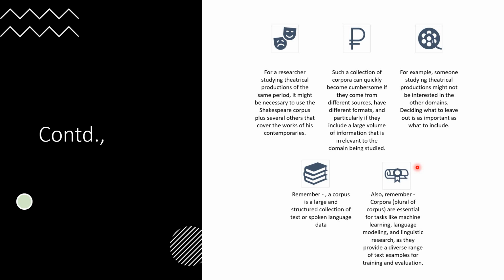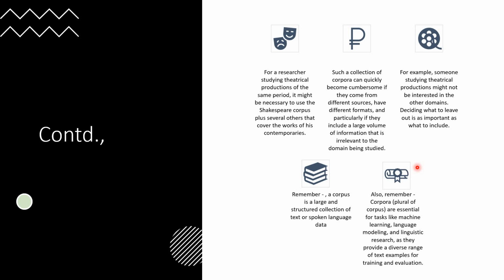So we need to be very conscious of what is to be included and what not to be included. For example, someone researching theatrical productions might not be interested in other domains. Please understand, deciding what to leave is as important as deciding what to keep, what to include. So that's what I told you before.